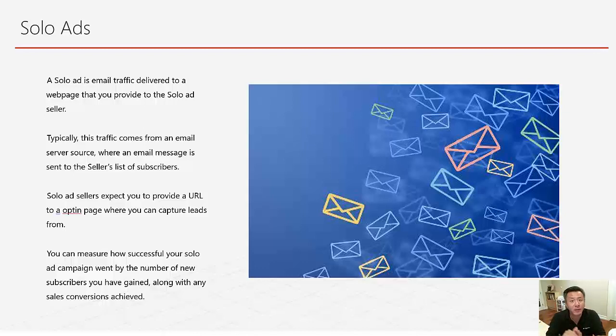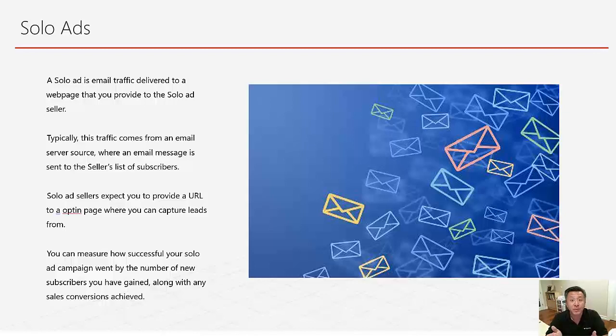You can typically measure how successful your solo ad campaign is simply by, did they deliver all the clicks? Great, that's one measure. Number two, of all the clicks that were sent to you, how many opt-in leads did it generate? If it's a percentage you found acceptable, maybe a 20, 30, 40, 50% opt-in rate, the numbers vary from campaign to campaign, traffic source to traffic source, and list to list.